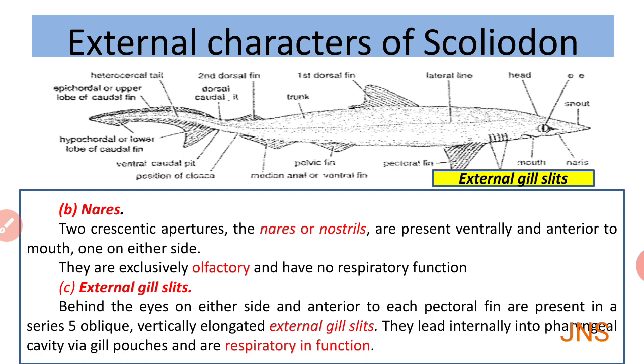There are 5 pairs of gills on each side. These are vertically elongated external gill slits which can easily be seen on the body, and they lead internally into the pharyngeal cavity via gill pouches. These gills are respiratory in function, so respiration of the Scoliodon takes place with the help of these gills.